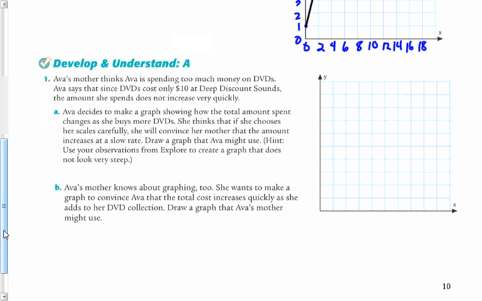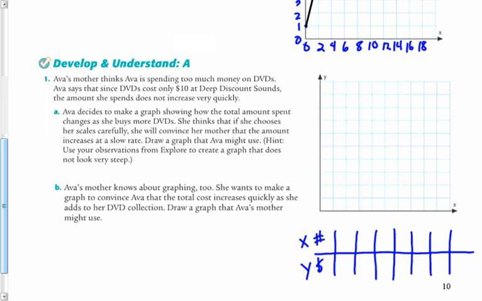So it looks like we're not changing very much. And the values we're going to use are the cost of the DVDs, so the dollars, that's going to be on the y-axis, and the x-axis is going to be the number of DVDs that she buys. So as the x values go up by 1, the amount she spends goes up by $10.